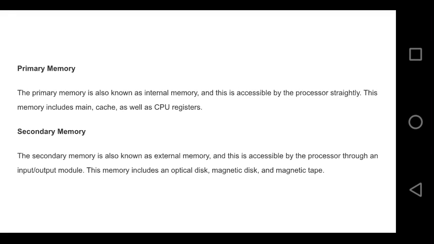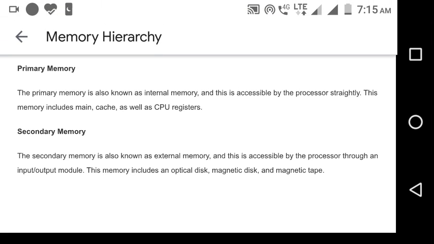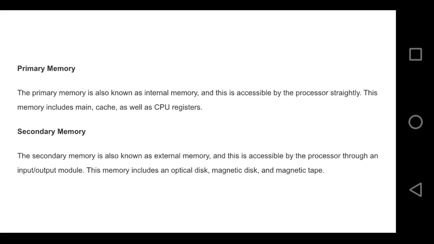So you can divide this memory hierarchy picture into two parts, and one is the primary memory elements, which have direct access by the processor. The processor can communicate directly with these memory elements.